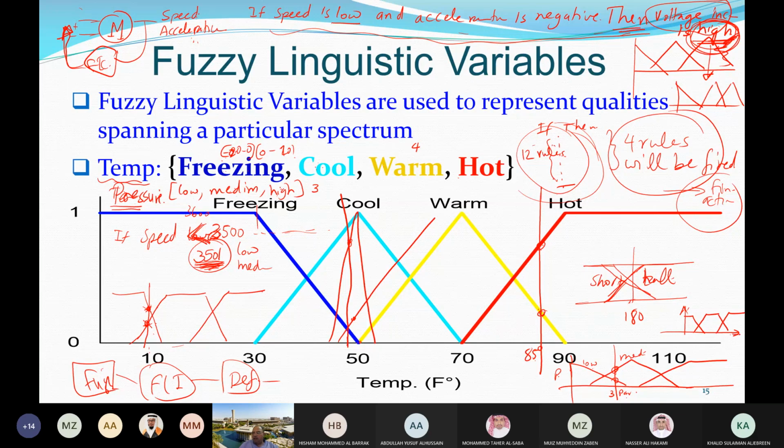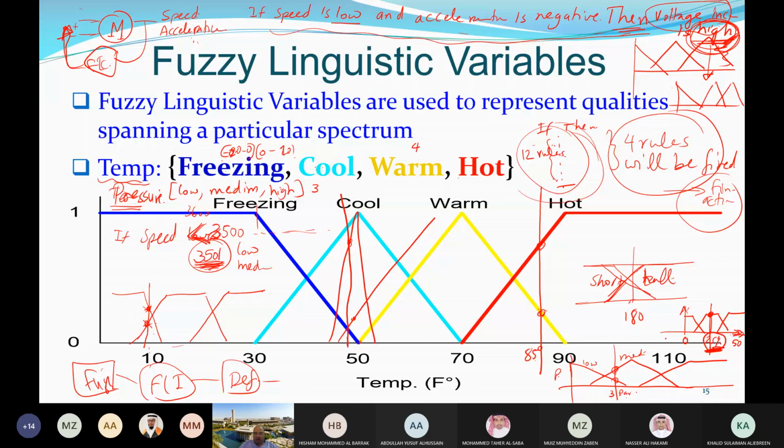Medium and high, this is the voltage increase. The voltage increase, you can say, okay, between 0 and 50 volt, for example, or between 0 and whatever. So you have it high, you have it low, you have it medium. So medium means, if it is here, medium, you add here 25%. So you defuzzify from medium to a numerical value, which is here.